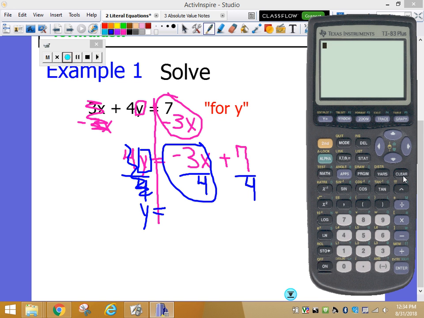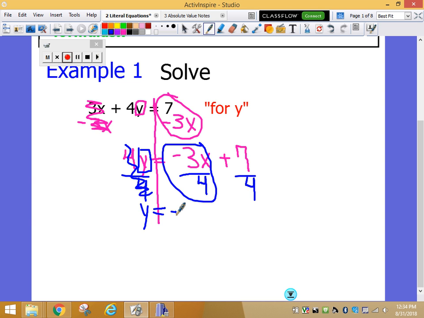So grab your calculators. We're going to do negative 3 divided by 4. And you get negative 0.75. Now, remember we don't like decimals anymore, so we're going to change it to a fraction. So you hit this math button right here, math, enter, enter. So I get negative 3/4. I'm going to put negative 3/4 and bring your x down with it.